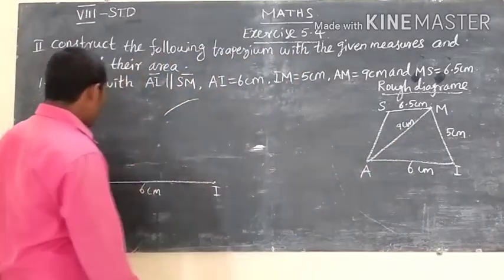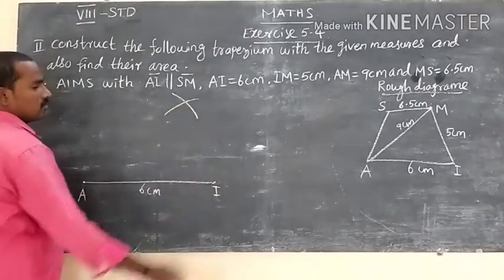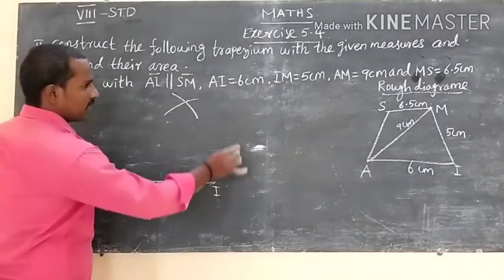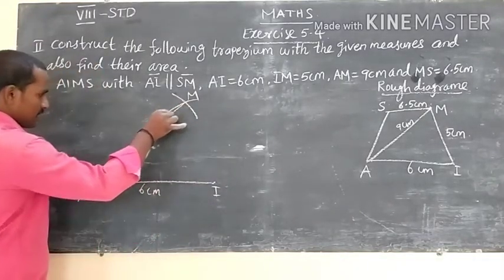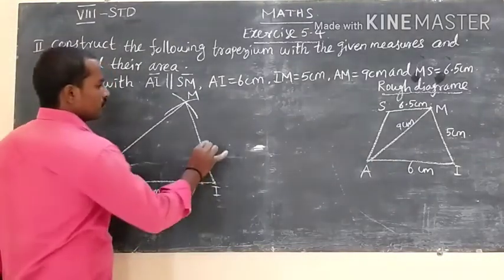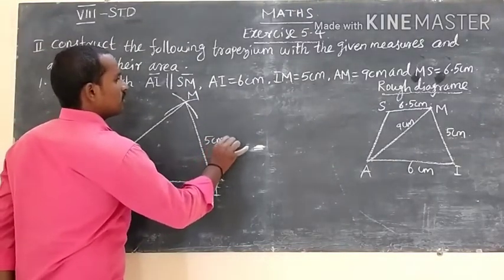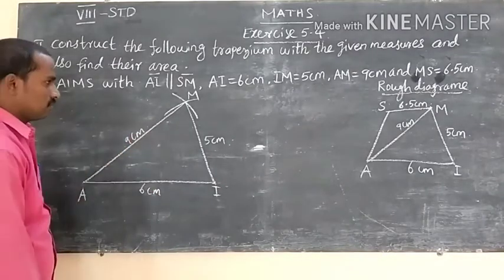Now put the sharp edge at A and draw another arc. The two arcs intersect at point M. Then join AM and IM. IM is equal to 5 cm and AM is equal to 9 cm.